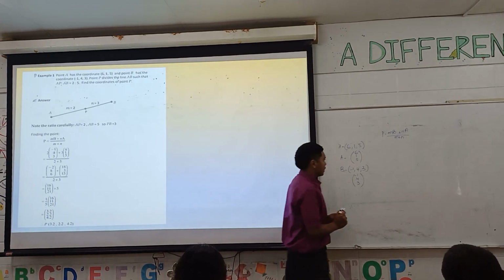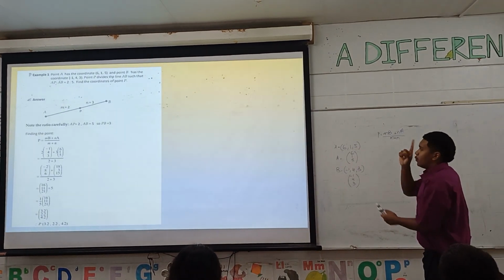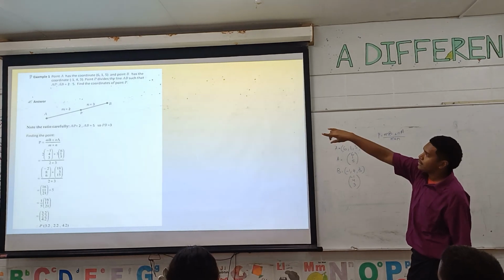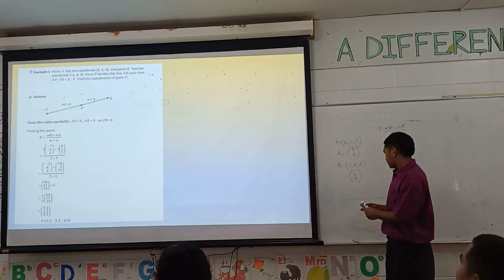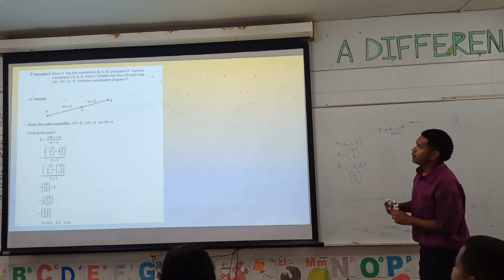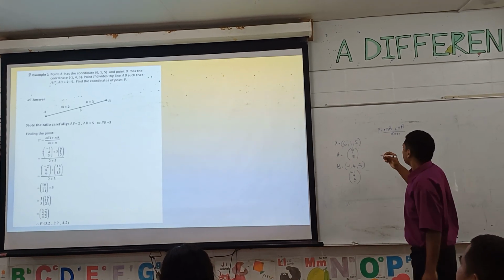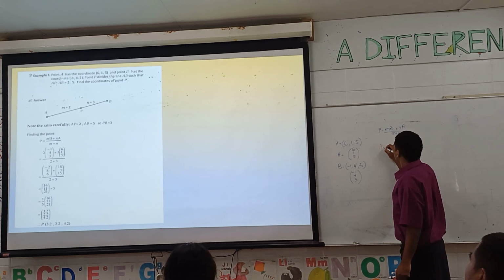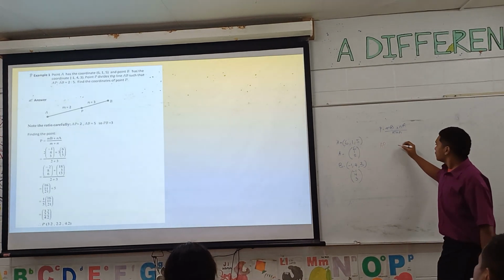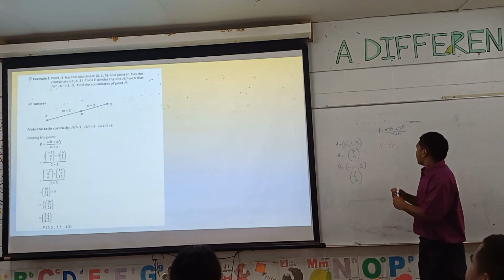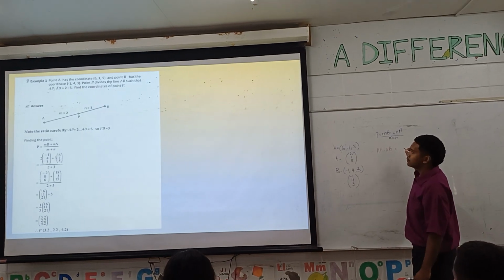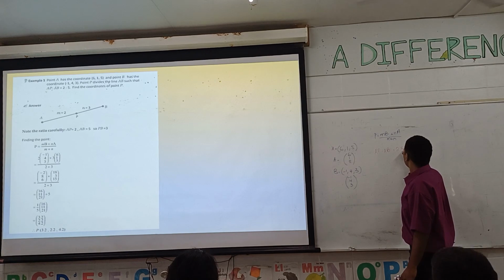Right. Now, when you are given this, what is the thing that is given, the ratio? I mean the ratio. Give me the full thing. AP to AB equals 2 to 5.